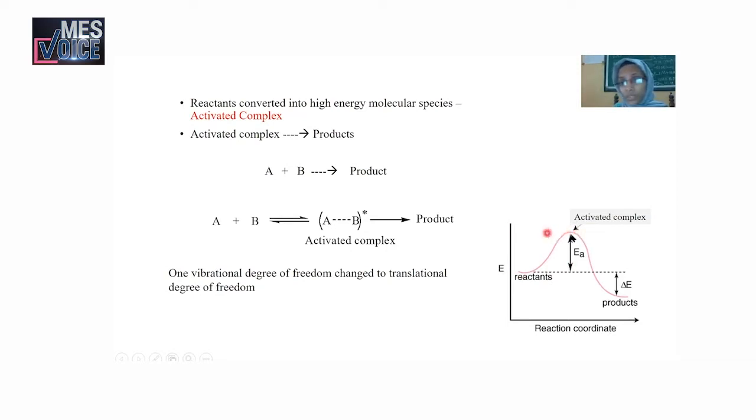The energy difference between the reactant and the activated complex is known as the activation energy. That is, the energy required to activate the reactant into the activated complex is the activation energy. The energy difference between the reactant and the product is the energy of the reaction, that is, delta H of the reaction.